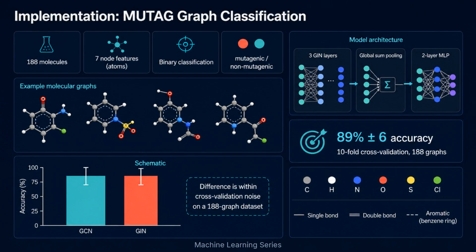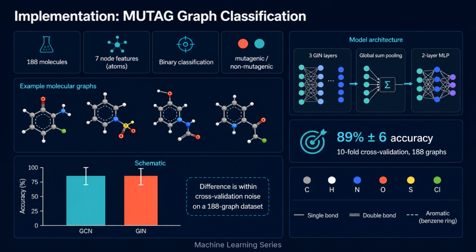Let's see message passing in action on MUTAG, a benchmark molecular dataset. MUTAG contains 188 chemical compounds represented as graphs where atoms are nodes with 7-dimensional features encoding element type, and bonds are edges. The task is binary classification. Predict whether a compound is mutagenic. We build a GIN model with 3 layers, each followed by batch normalization and ReLU. After the final layer, global sum pooling creates a graph embedding, which feeds into a 2-layer MLP classifier.